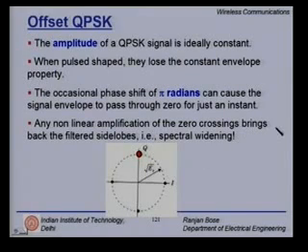Now, depending upon what bit stream is coming, it is possible that you send the next symbol as this one. So, from here to here. So, in effect, what happened is we had a pi radian phase shift. It was possible that the next 2 bits that come in makes this appear here.